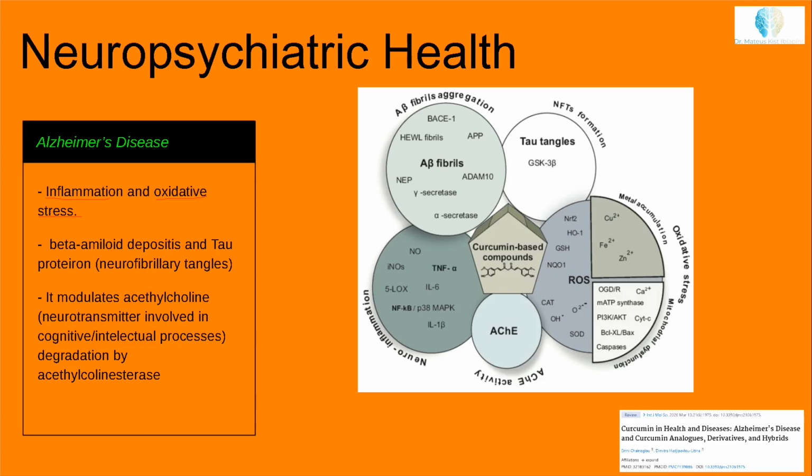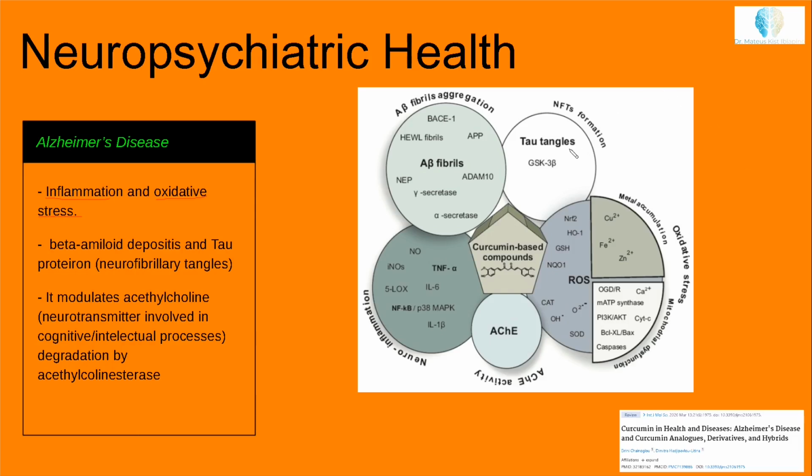But more specifically to Alzheimer's disease, curcumin also appears to have a beneficial effect on some specific disease mechanisms, like the deposition of beta amyloid and the formation of neurofibrillary tangles of tau protein.